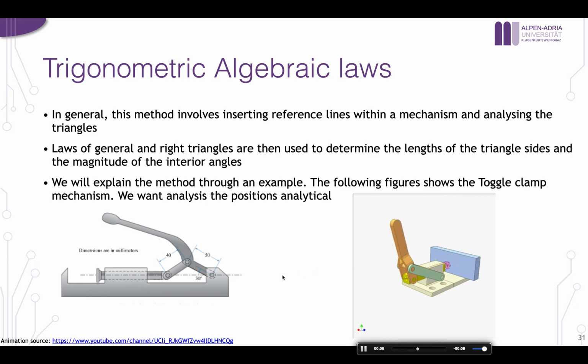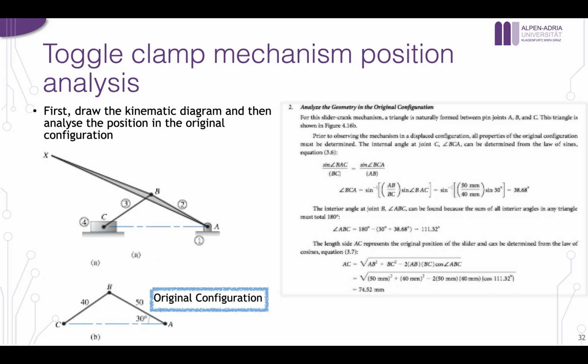Here we have triangles, or trigonometric laws. You can use them when you see links forming triangles. If you see links forming triangles like we see here, that means we can probably apply trigonometric laws to do position analysis.